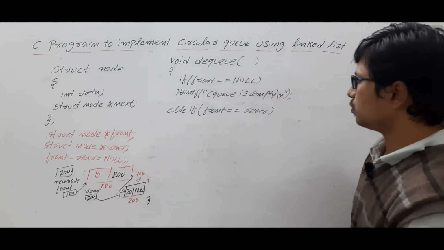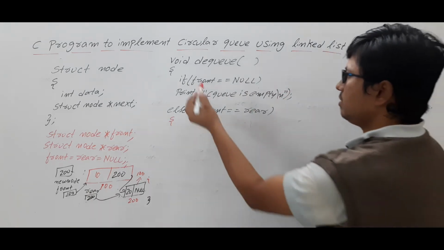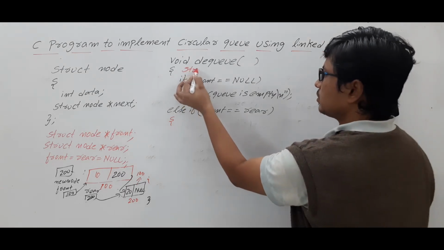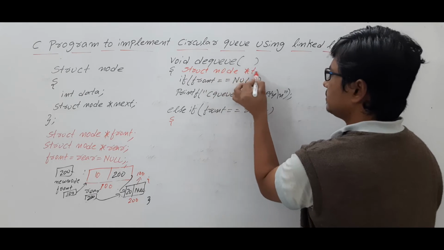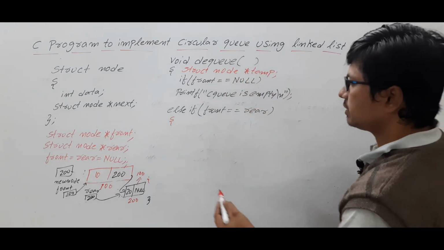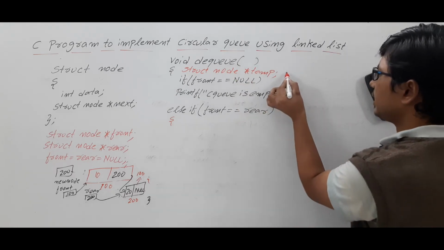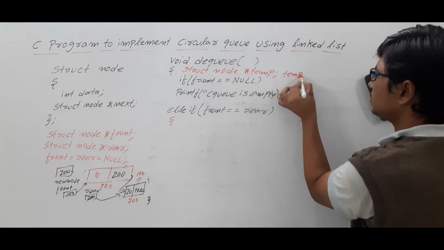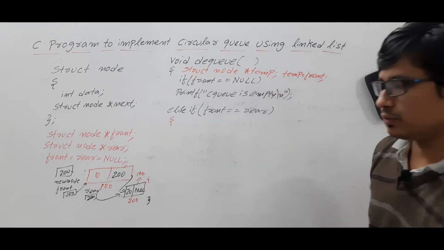So to do that, I need to follow certain things. First let me declare a struct node variable called temp. Is it clear? So I have declared a temp variable, and after that I have written temp is equal to front. Okay, why I am doing it you will understand.